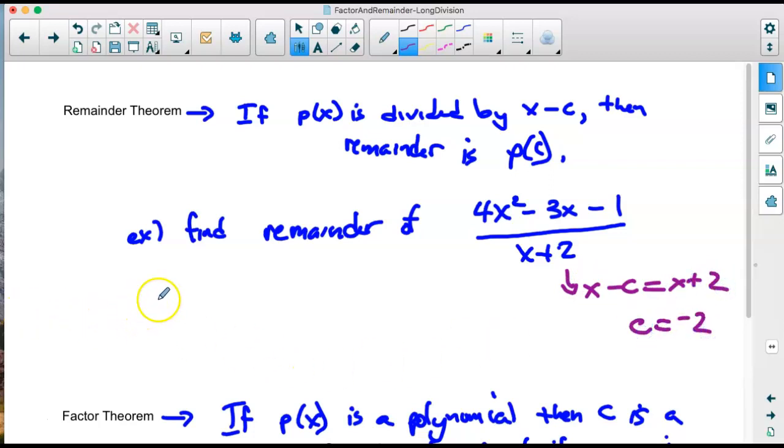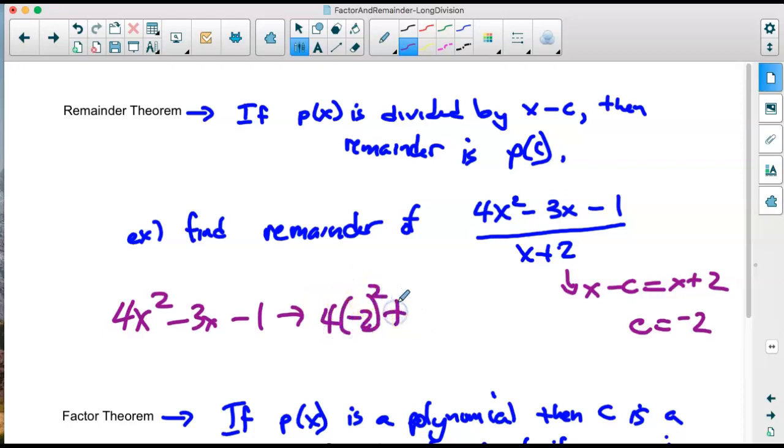So if we take our function, 4x squared minus 3x minus 1, and we plug in our negative 2 in for x, 4 times negative 2 squared minus 3 times negative 2 minus 1, that's going to be our remainder.